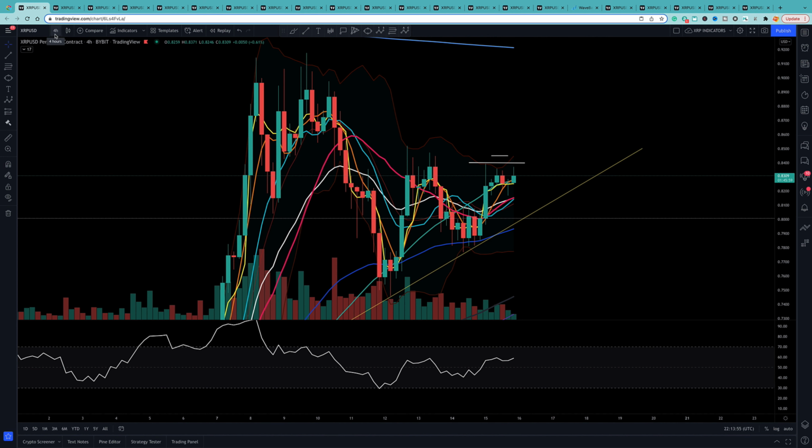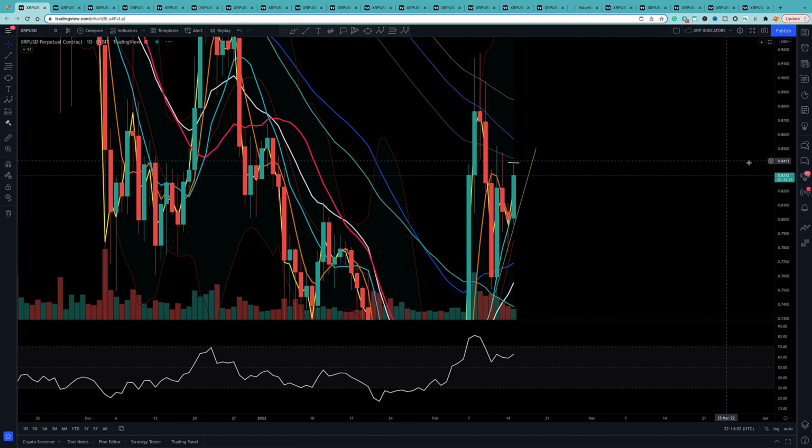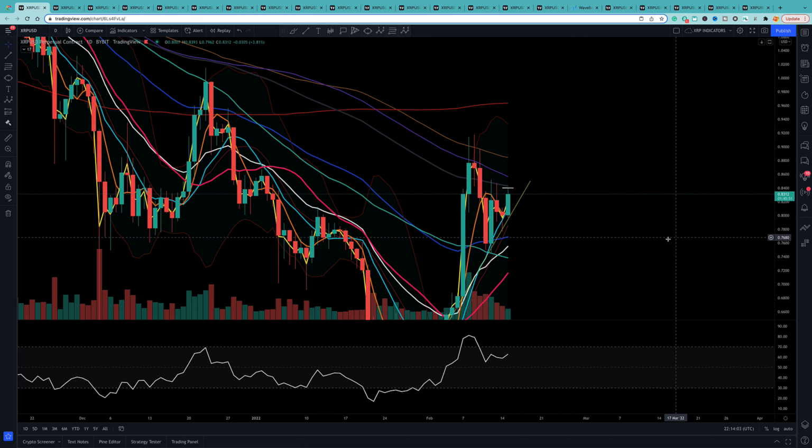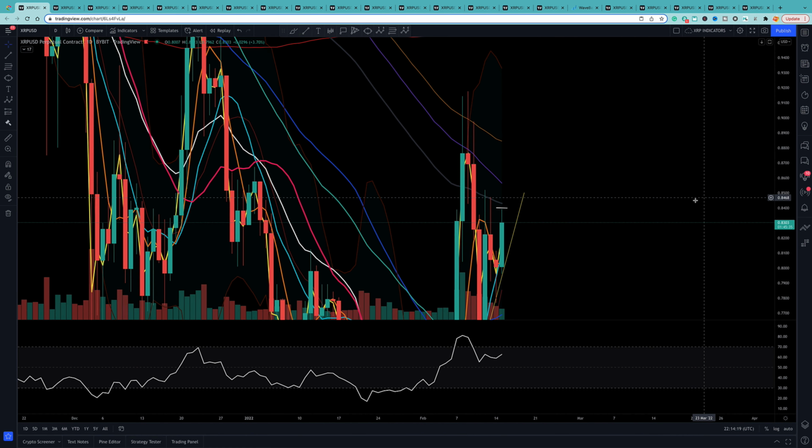But what's above price action is when you go and look at the 1 day. You can see that these move, and this is the weighted 144 here. This is the 100 MA. This is the pi cycle 111. This is the 200 MA here. So on the daily, these are still coming down.